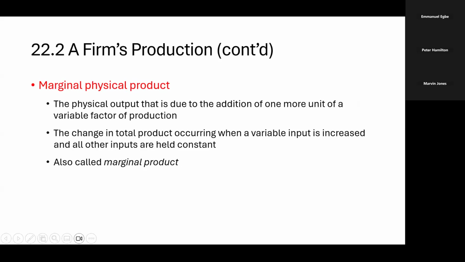In this case, our variable input is labor. Marginal product is output that occurs with one additional unit of the variable factor of production, like labor. Labor is a variable factor of production.